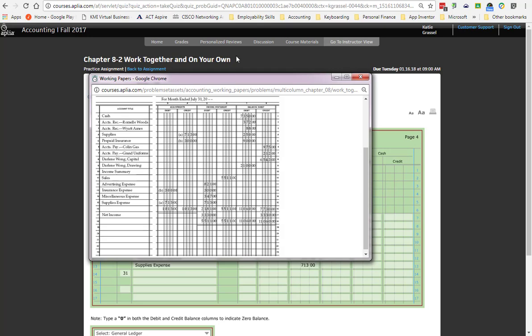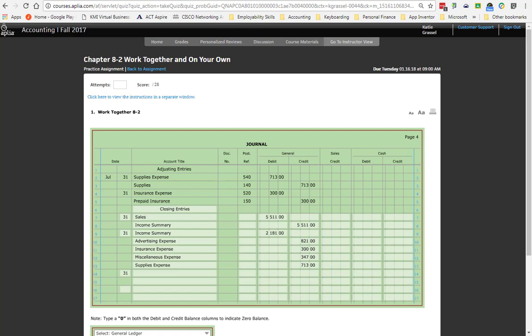What I need to realize is right here on my journal, I don't have a balance yet, but if I were to go through and post, my income summary would have a balance. And that balance would be my net income. And that net income is $3,330. How did I know that?